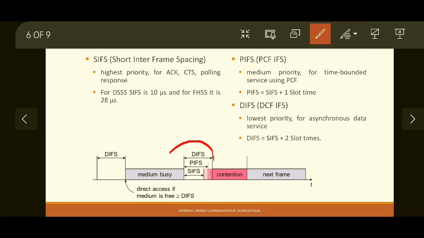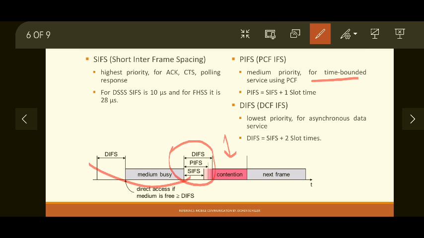So this amount of time is a waiting period before the contention period starts. The contention period, as I said, is a period during which users compete with each other for accessing the medium.